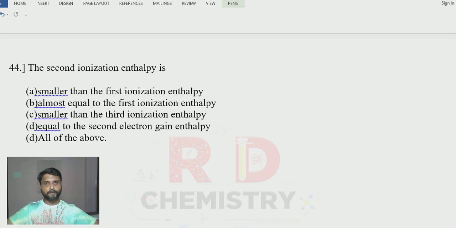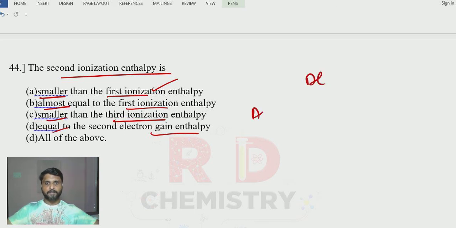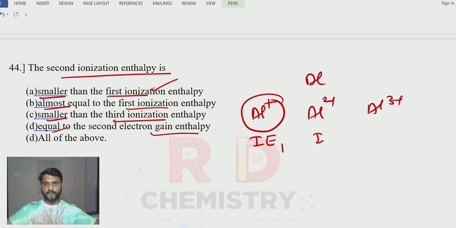Question number 44. The second ionization enthalpy is... Read all the options, they speak with respect to ionization enthalpy, first ionization enthalpy, third ionization enthalpy, electron gain enthalpy, all of these, and they are given as smaller than, or smaller than or equal to. Let me take aluminium. Aluminum can lose 1 electron, 2 electrons, 3 electrons, correct? So the energy required to remove the first electron is called the first ionization enthalpy, this one is the second ionization enthalpy, this one is the third ionization enthalpy.